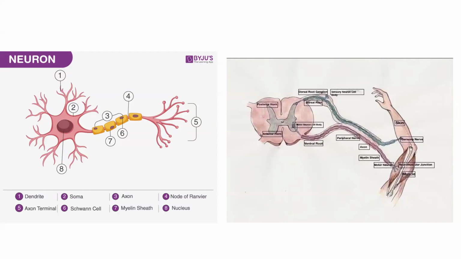This figure shows the connection of the spinal cord with the peripheral nerve and the muscle. Starting from the anterior horn cells, the motor neuron starts, and following that, it has the axon covered by myelin sheath, usually for motor nerves, and then it goes and innervates the muscle through the neuromuscular junction.